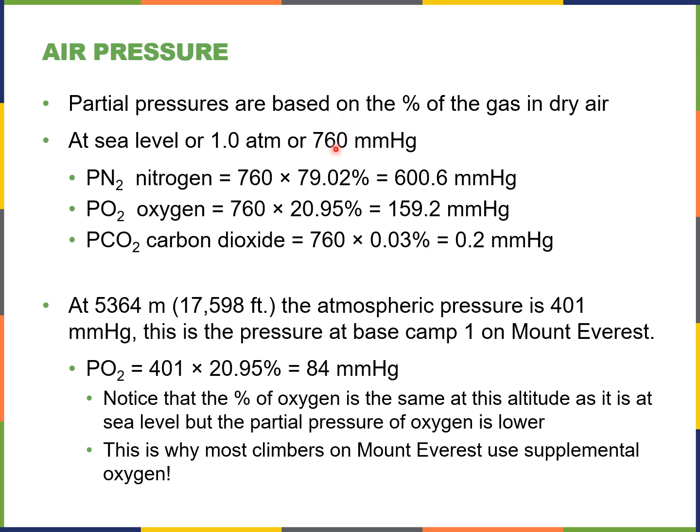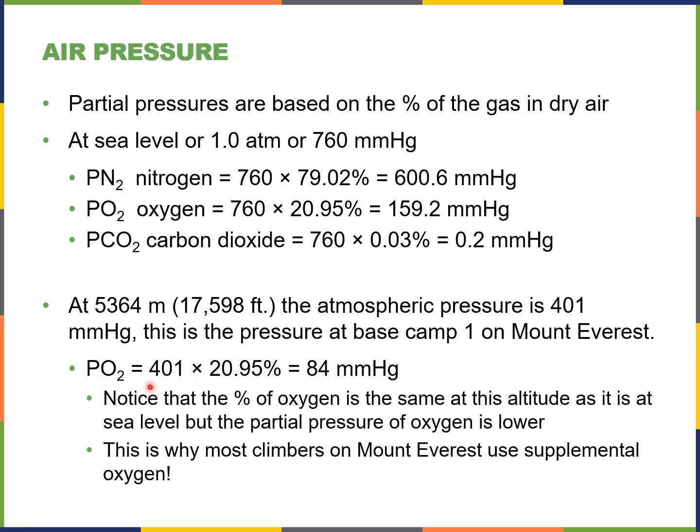So it's decreasing instead of increasing, whereas if we go to depth, if we're going to dive, it's going to increase. We can see here our partial pressure of oxygen if we go up to elevation, if we go up to base camp on Mount Everest, if we go up Mauna Kea, whatever it is, we are decreasing our partial pressure of pretty much all gases.